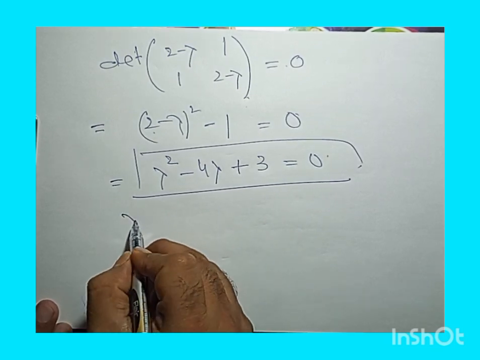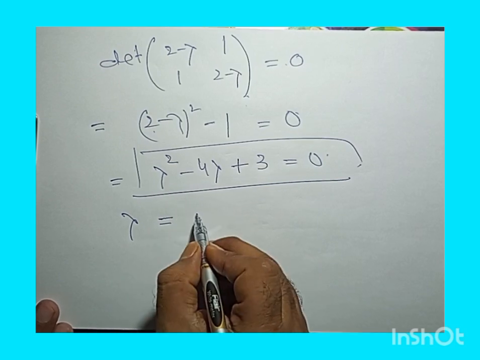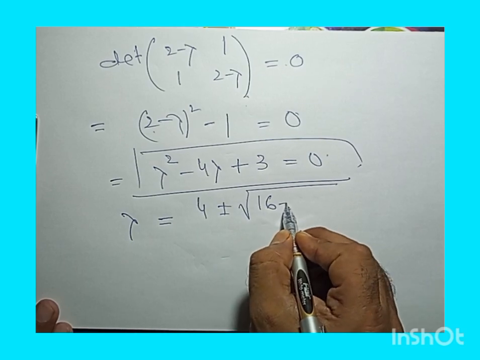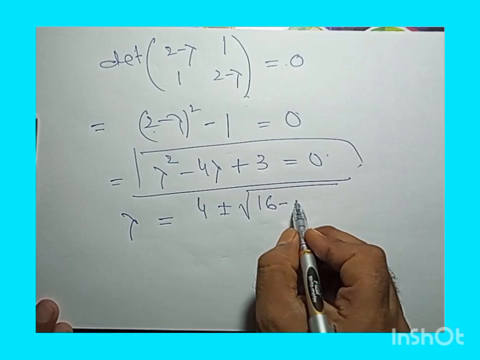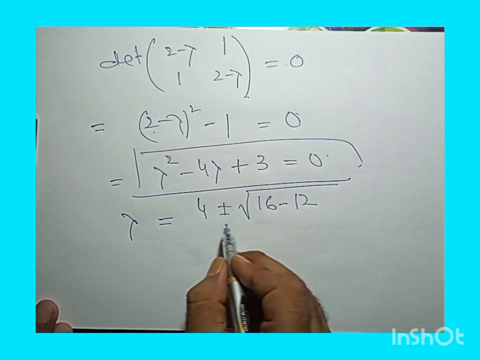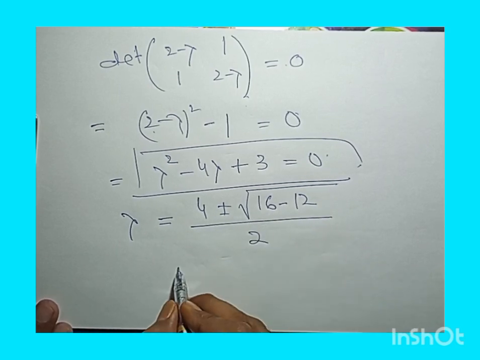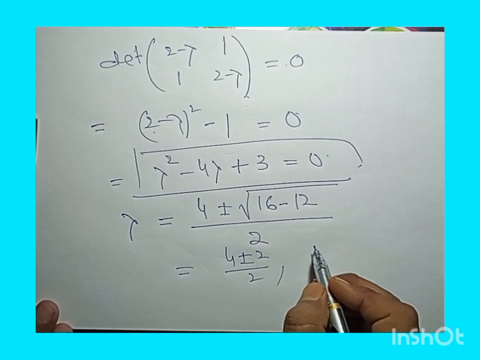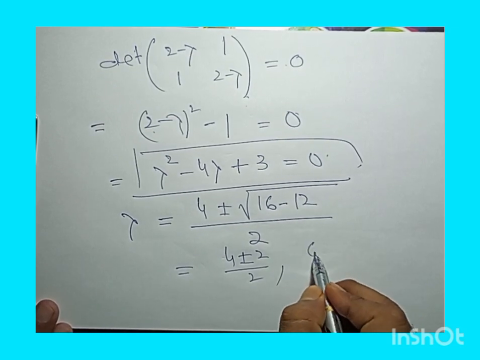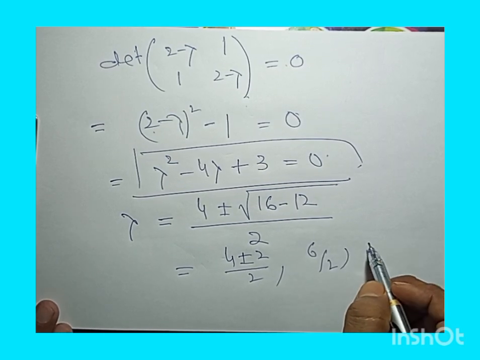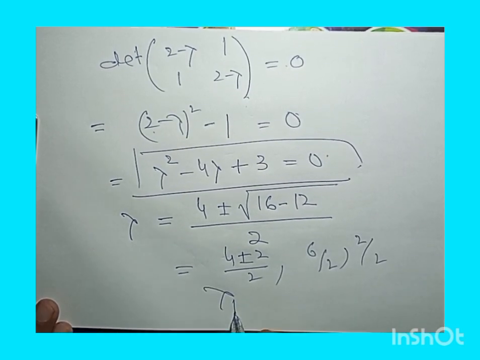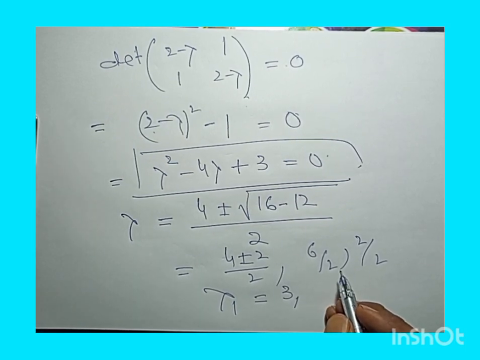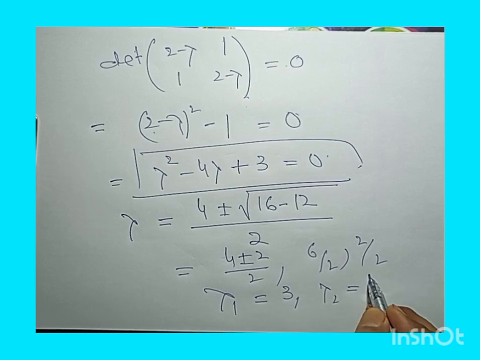Lambda is minus b, that is 4, plus minus under root of b square, 16 minus 4 times 1 times 3, that's 12, divided by 2a, that's 2. So this will be 4 plus minus 2 by 2. Either lambda will be 6 by 2 or 2 by 2. So I will have lambda 1 equal to 3, and lambda 2 equal to 1.